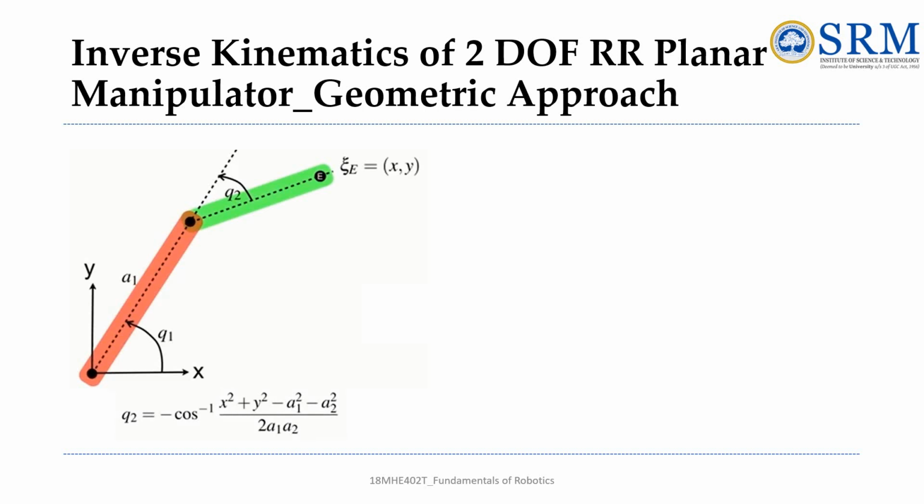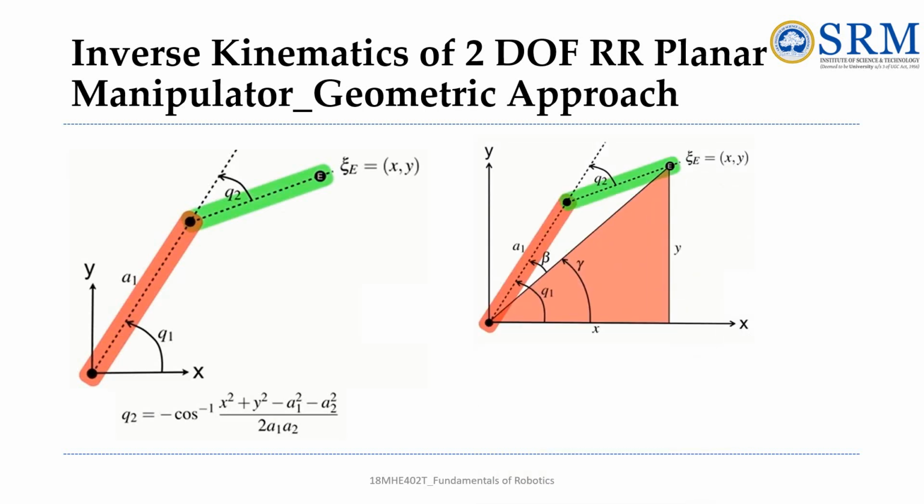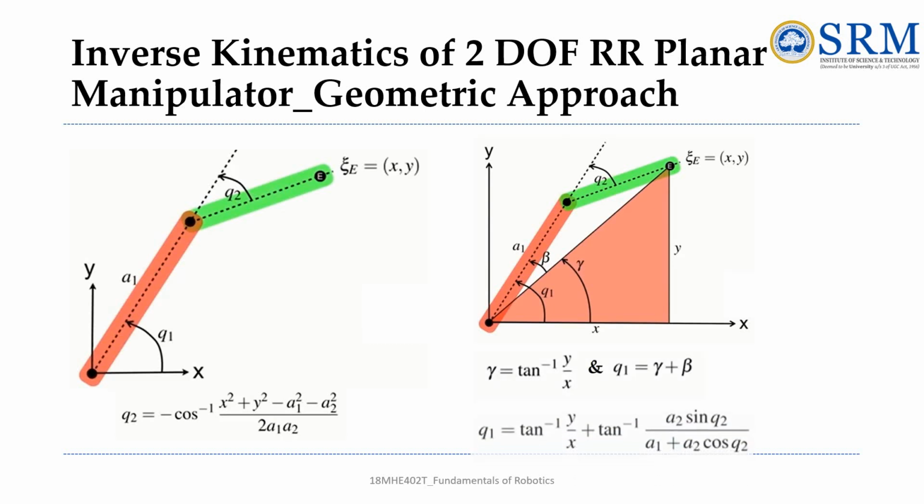Now the second method: if you are considering it this way, q2, which previously we got as cos inverse of (x square plus y square...), will now take a negative sign if it is twisted in this way. And again, with the same example and the same assumed angles, you will get q1 as, previously, tan inverse of y by x minus tan inverse of a2 sin q2 by a1 plus a2 cos q2.